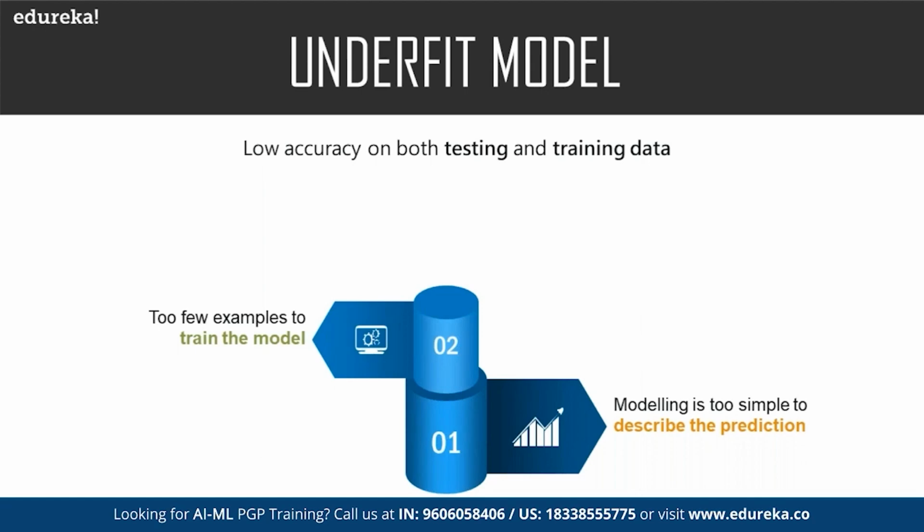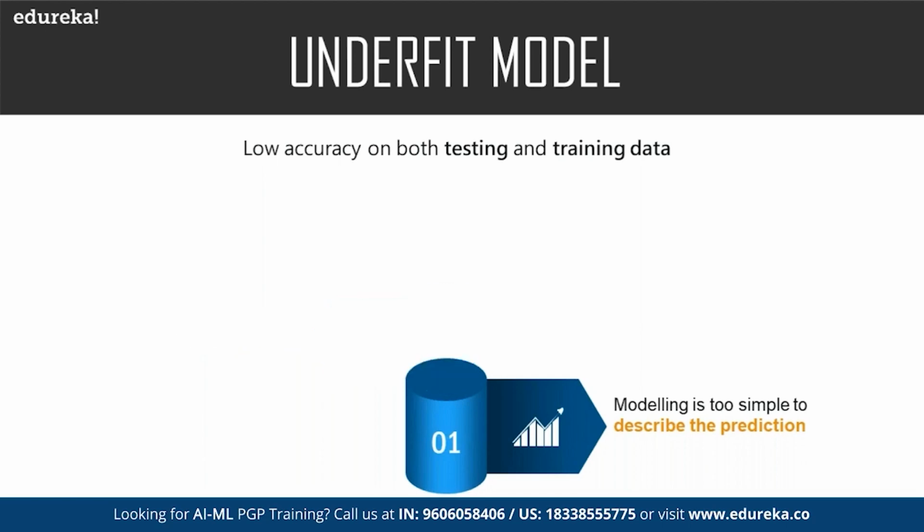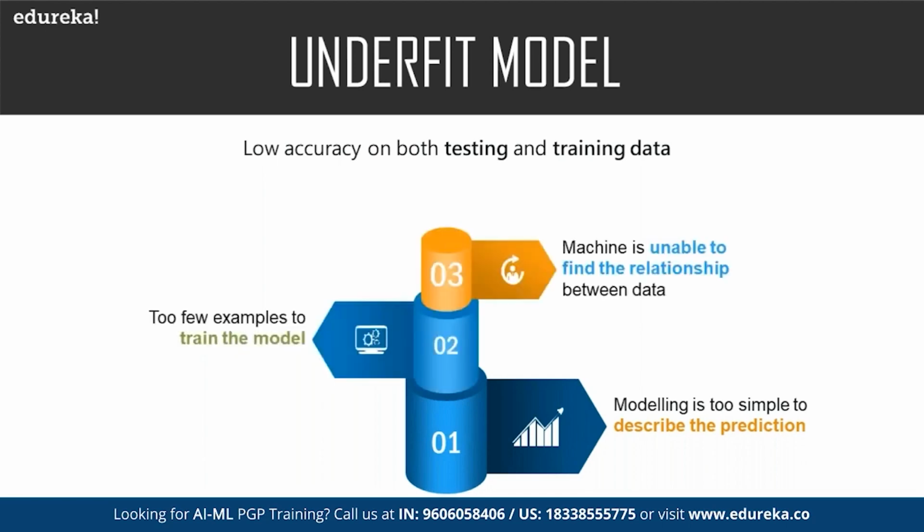We may be using very little data to train the model. That's again the big cause that yielded such an underfit model, I would say. And moving ahead, the machine is unable to find the relationship between the data because we haven't properly chosen the data on which to evaluate the model.